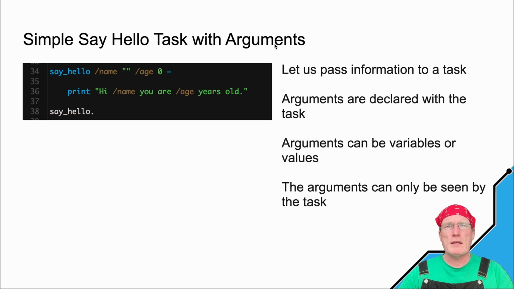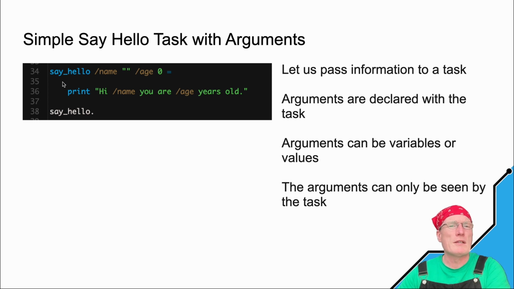If we take that simple say hello task and we add some arguments, we do it by adding /name, which is a name variable, and we're saying that it's going to be a text value. And then we add /age, and we're saying that it's going to be an integer.